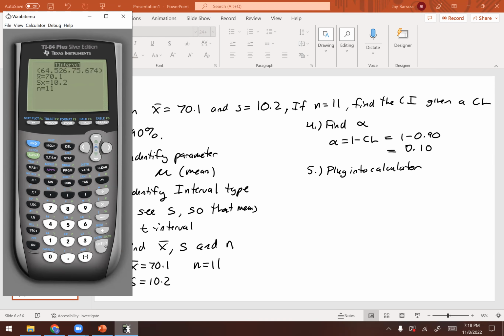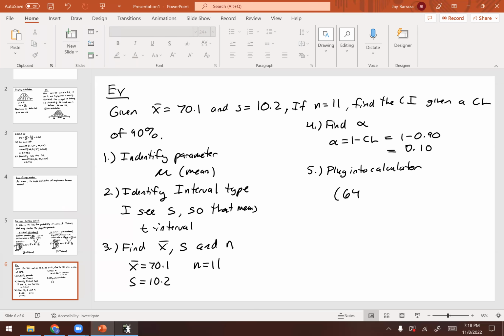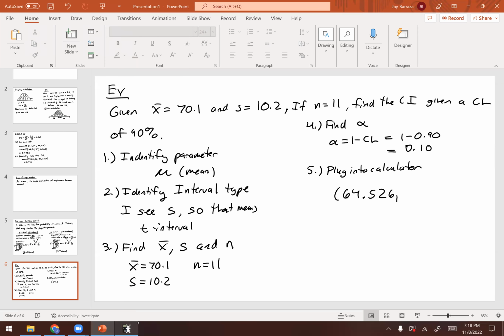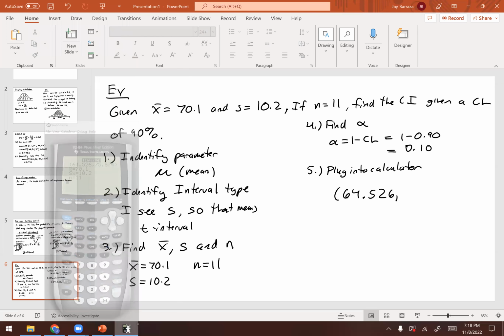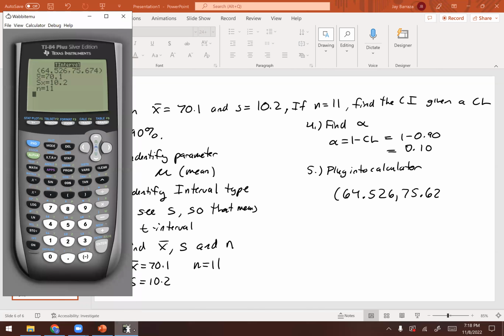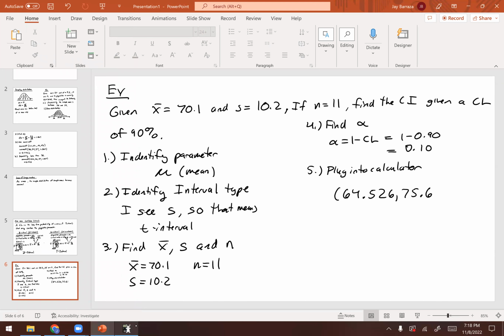And my confidence interval is 64.526, comma, 75.674. Okay. So this is the interval where I am 90% confident that the true value of the population parameter may exist in.